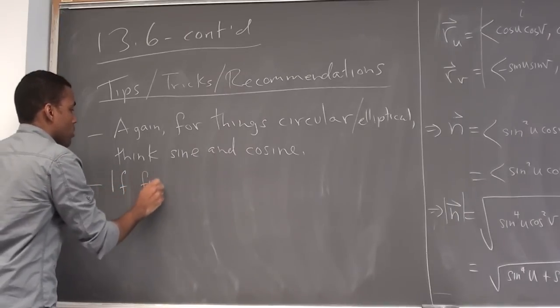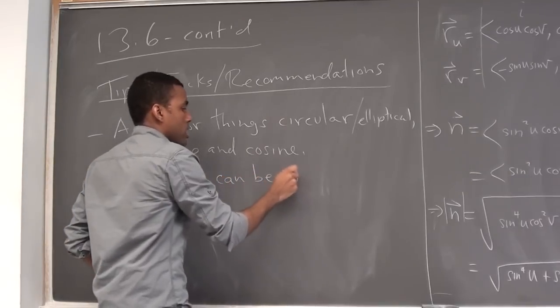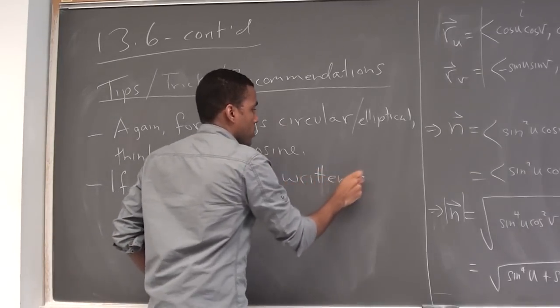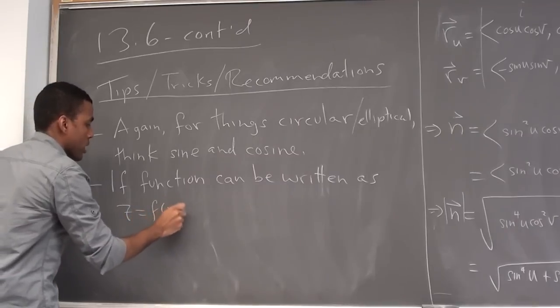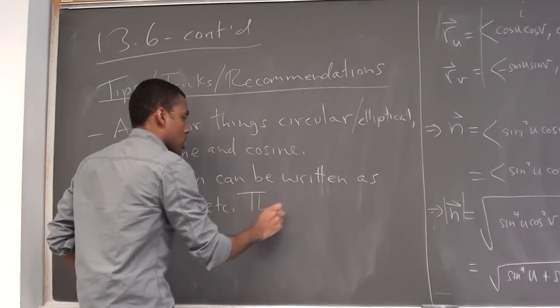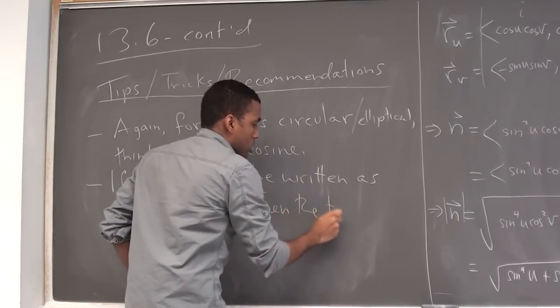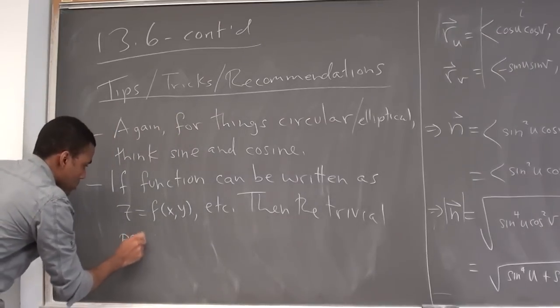If a function can be written as a graph, say z equals f of x, y, etc., then the trivial parameterization usually gives you something useful.